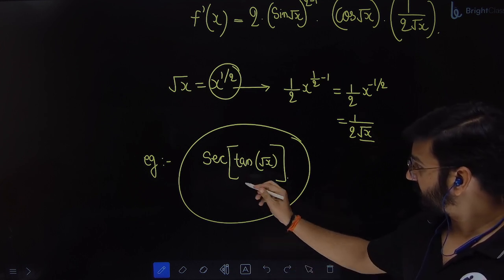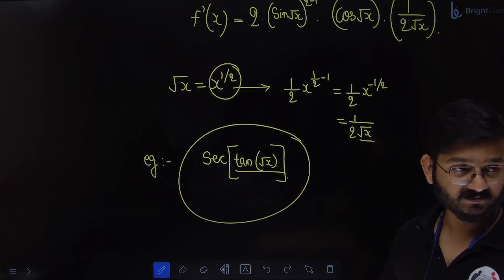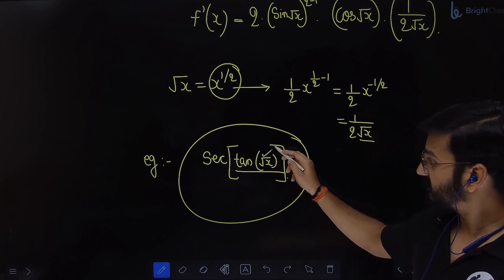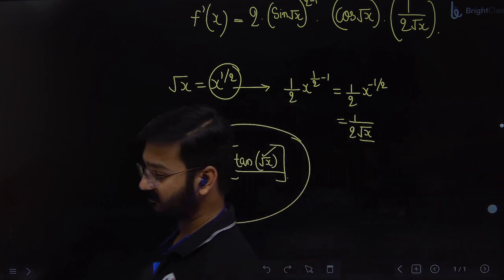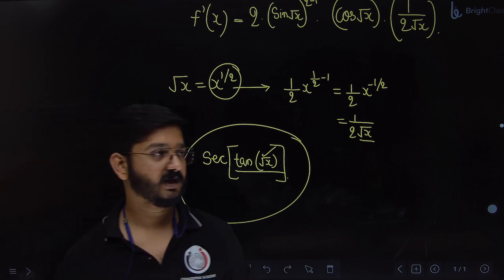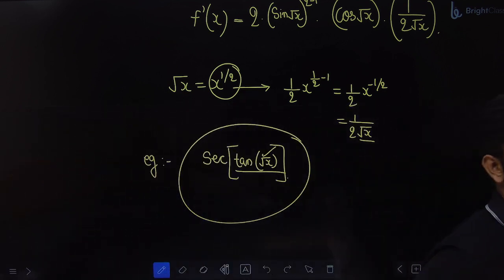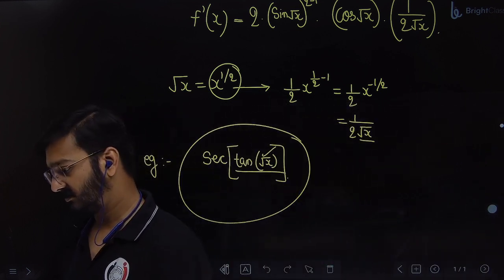Then after that, what will you differentiate? Tan theta. Tan theta is secant square theta. Then what is the final function? Root x, which is 1 by 2 root x. The question is solved. Start from the outermost layer, one by one reach the innermost function. The chain rule is over.